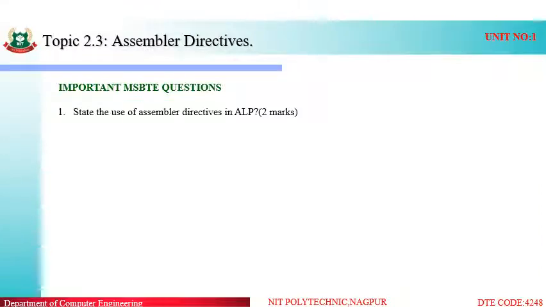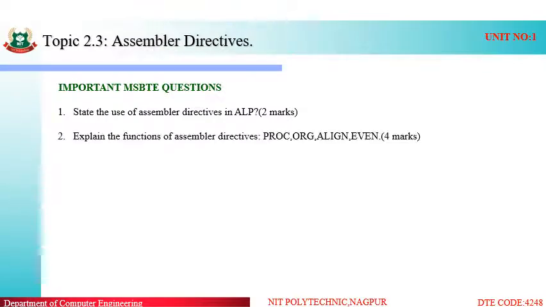So the important MSBTE related questions are: state the use of assembler directives. In this question, we only have to list any 2 or 3 assembler directives. Functions of assembler directives, like procedure. What does PROC stand for? It indicates the start of the procedure. ORG is for origin.